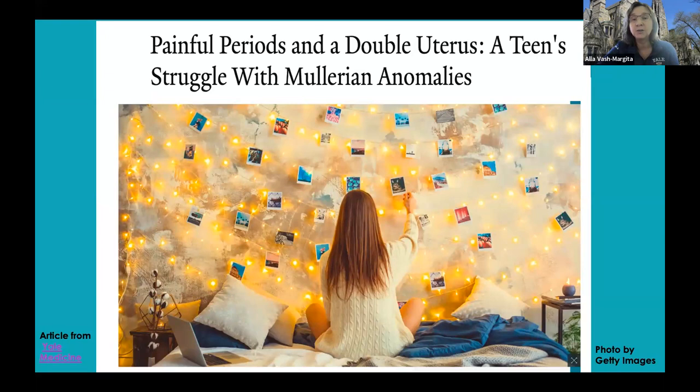It was not until 2 years later, the pediatrician ordered a pelvic ultrasound, and she was diagnosed with uterus didelphys, or double uterus. She had a known absent kidney, but it was not known that she has a double uterus until her adolescent years. So if you care, please go online, yalemedicine.org, teens struggle with Mullerian anomalies. You can read the full story. Patient is anonymous, but story is true. Next slide.